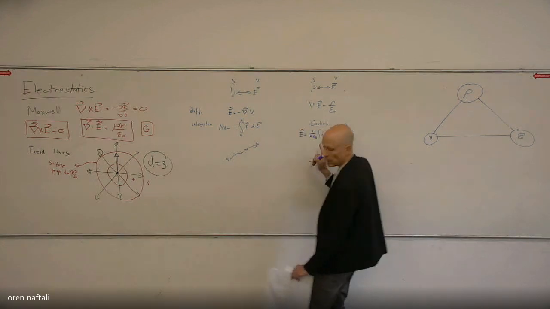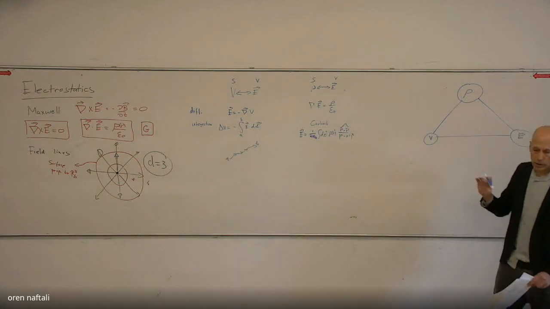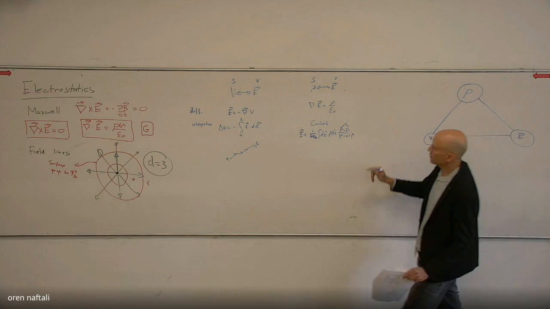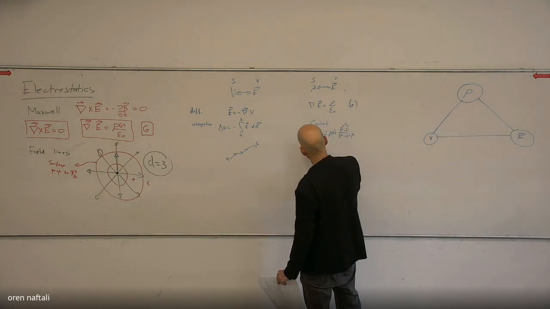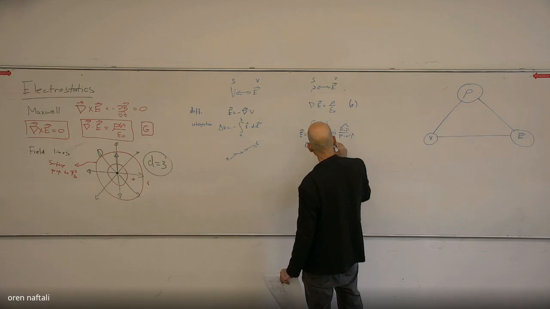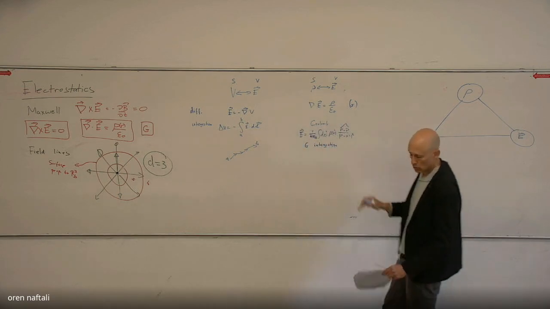And here there is another law, which is related to this one, and this is called Gauss differential law, and then there's also Gauss integration law. We will soon give it, but you can use also Coulomb in principle.